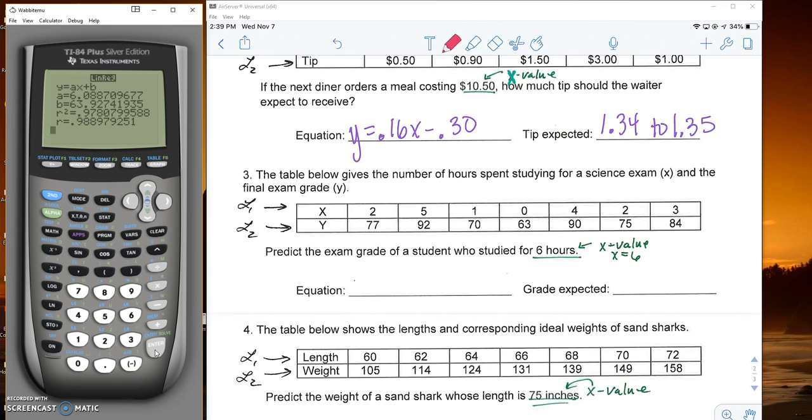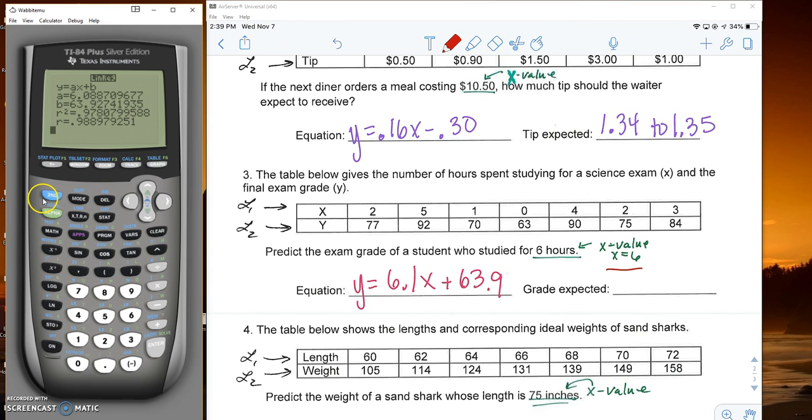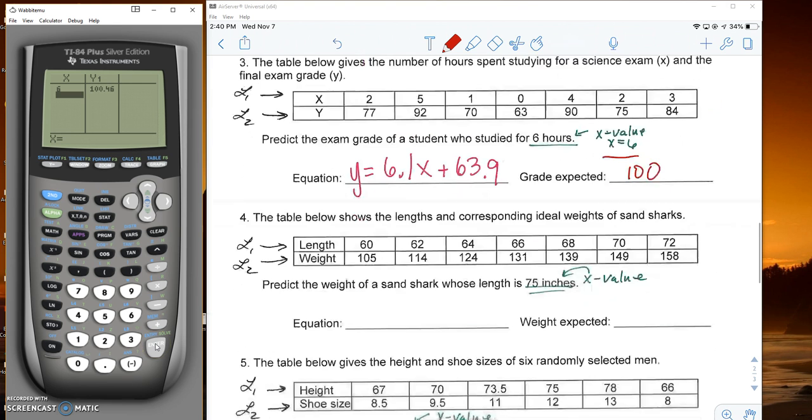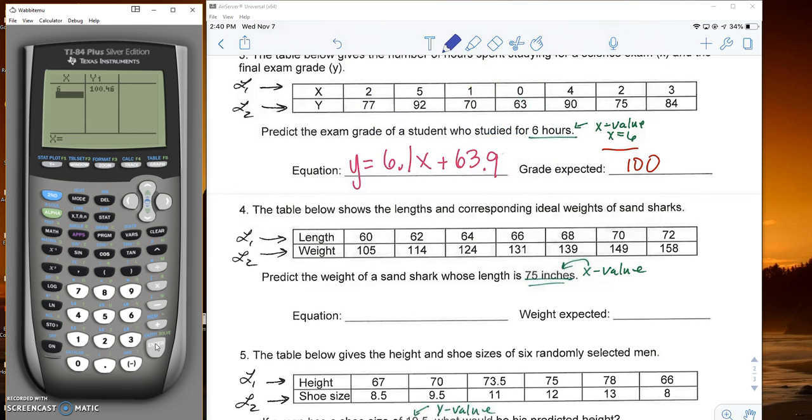So my equation is y equals 6.1x plus 63.9. And then for the grade expected, we want to know when x is 6. So I'm going to go back to the table, type in 6 for my x, and the grade expected would be about 100. AKA, the more you study, the better your grade.